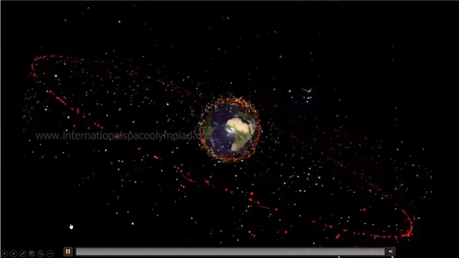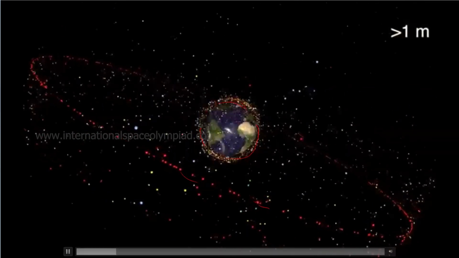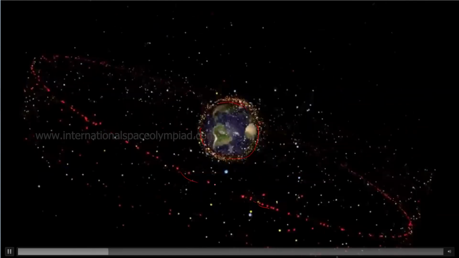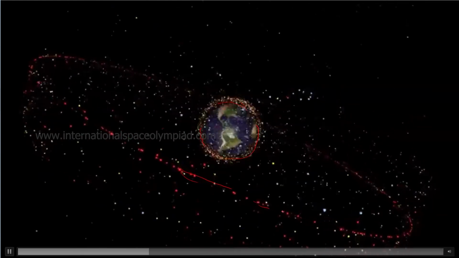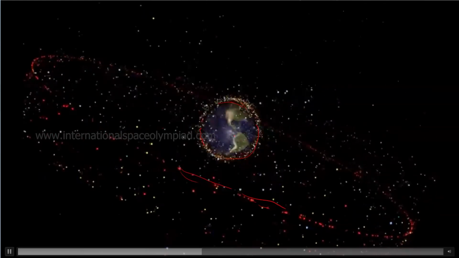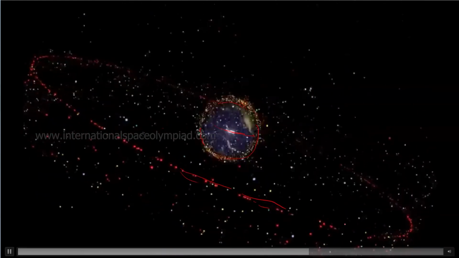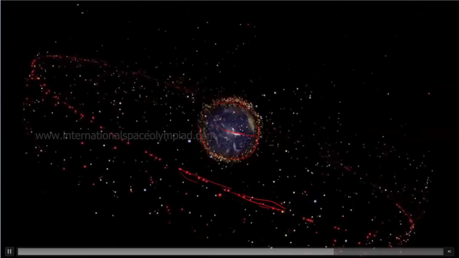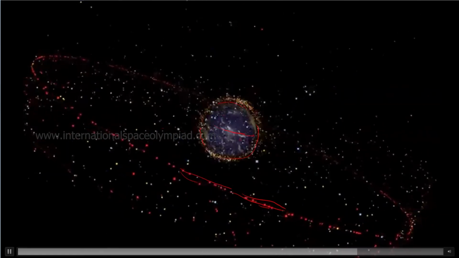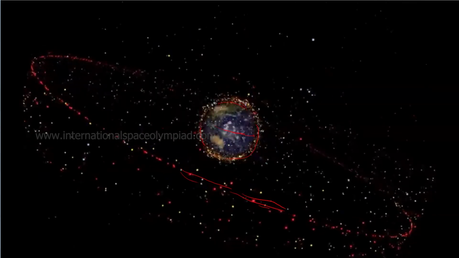And one more thing I will explain here itself. See this red circle? This circle of satellites, going in this path. If you look at it, it is actually orbiting at the same speed as the Earth is rotating. See the speed of Earth rotating and the speed of this red circle. They are actually the same. So it has a speciality. You can also see one more thing.